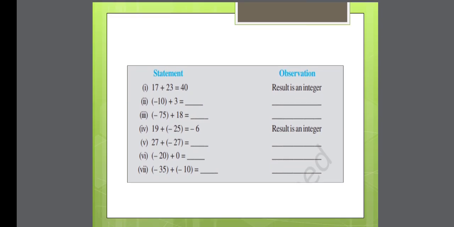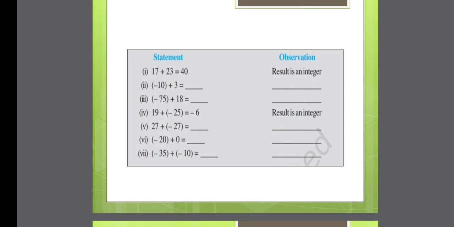If you see the first statement, 17 plus 23, we know 17 is an integer and 23 is also an integer. Now if we add 17 and 23, the result is 40, which is an integer. Similarly, in number 2, minus 10 plus 3, both minus 10 and 3 are integers.